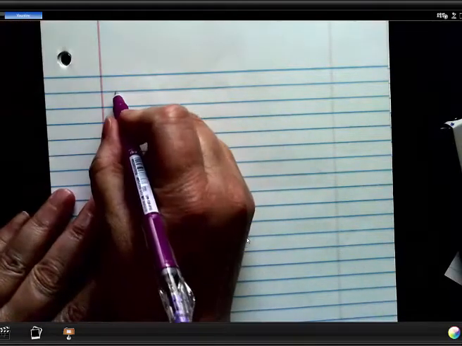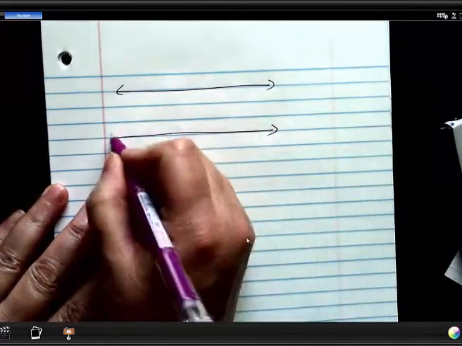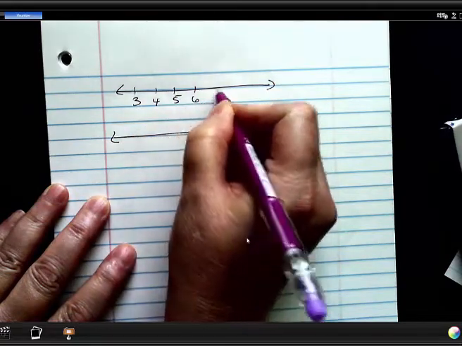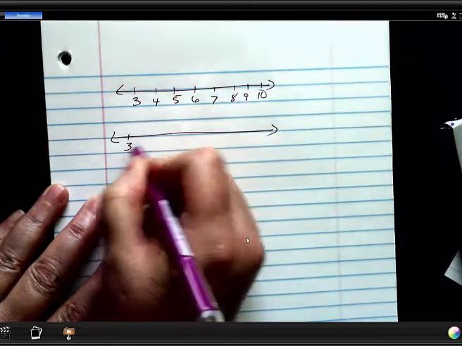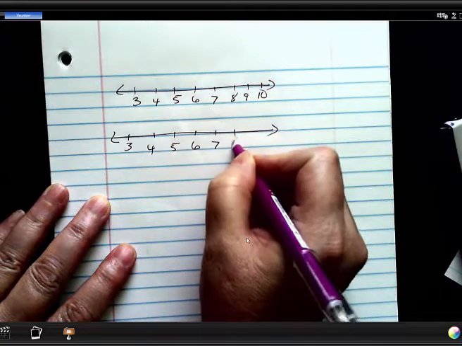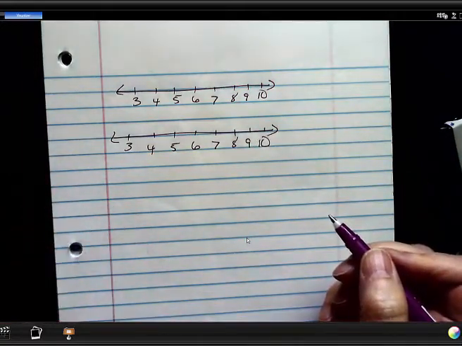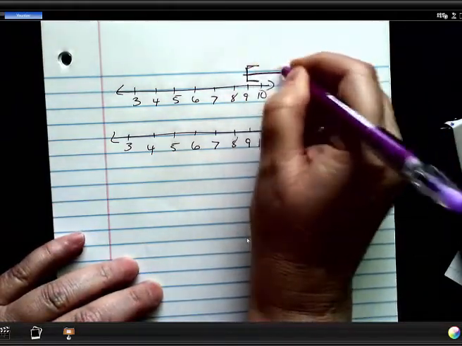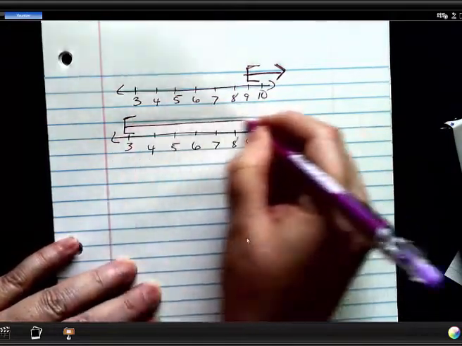This is a cool one. Let's say that I had a bracket on the 9 here going this way, and a bracket on the 3 here going this way.